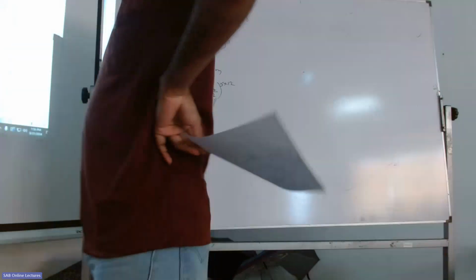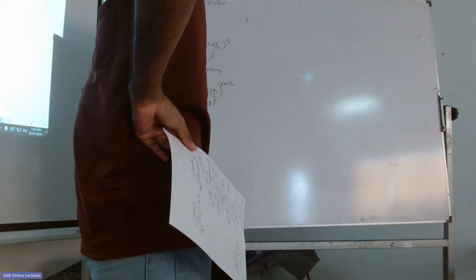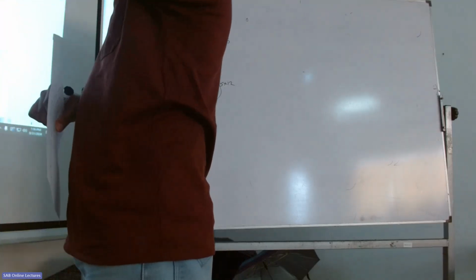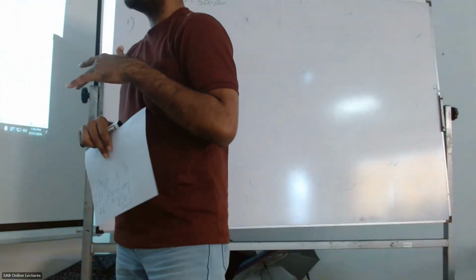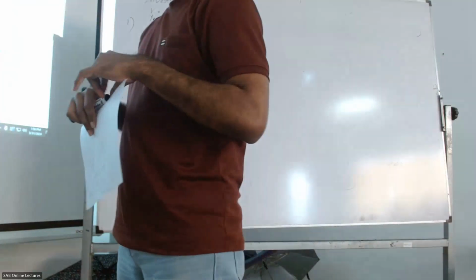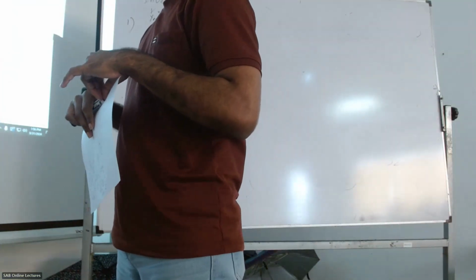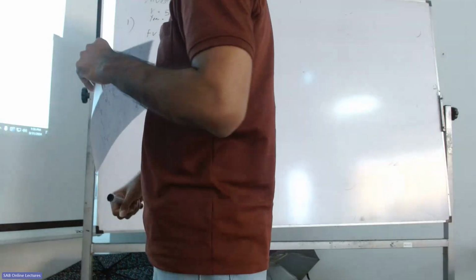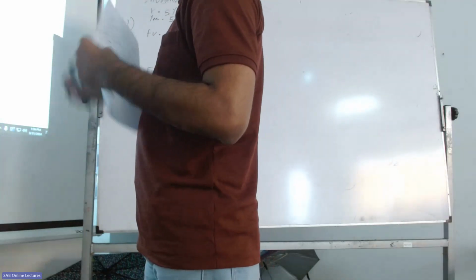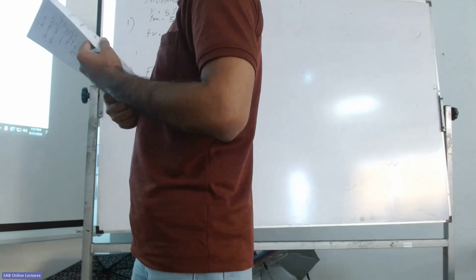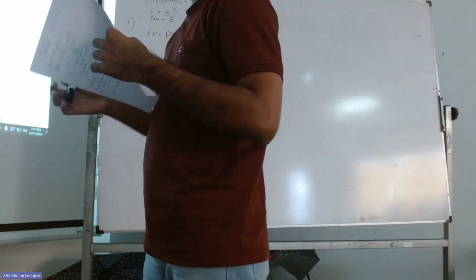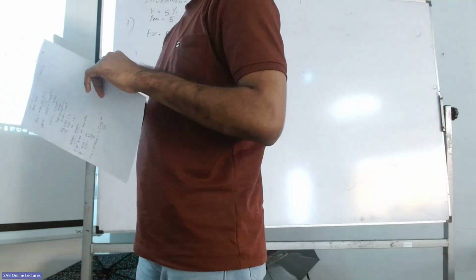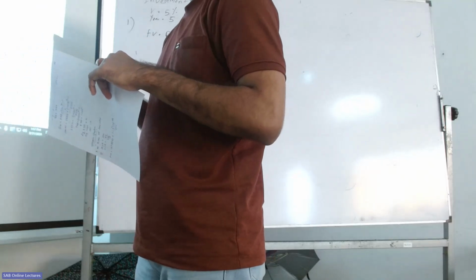Determine the nominal annual rate DF Finance should offer for someone to be indifferent between DF Finance and GF Finance. So DF Finance is monthly compounded. GF Finance is annually compounded. So to be indifferent between these two, what is the nominal rate that DF Finance should offer?